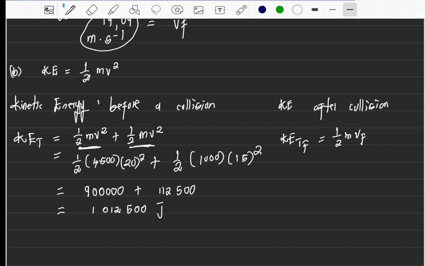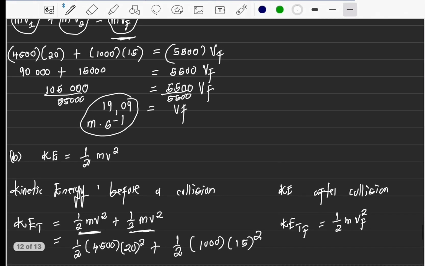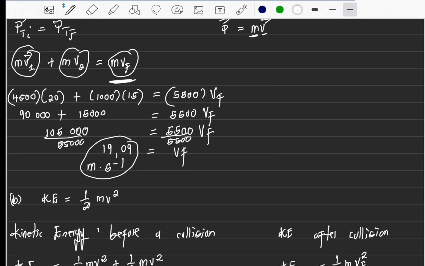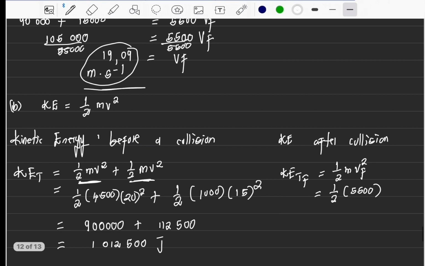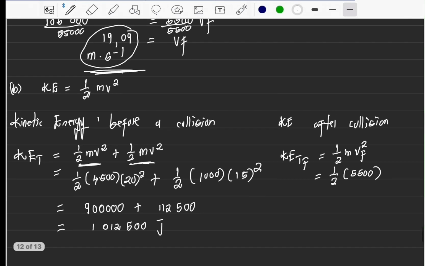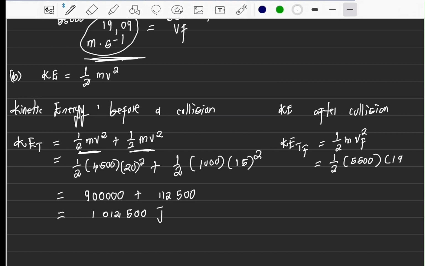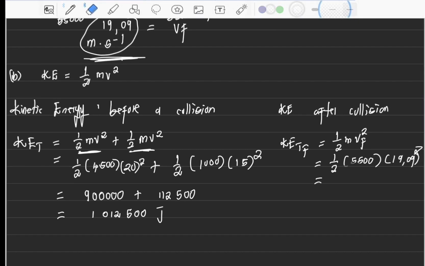I'm not going to write it twice, because after a collision we had one connected system, like we did with the momentum calculation, where we just said mvf. So it's 1 over 2 into the combined mass of the car and the truck, which is 5,500, into the final velocity of the system, which we calculated as 19.09 meters per second. So we have 19.09 squared.